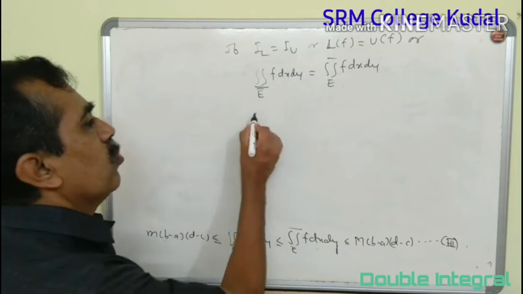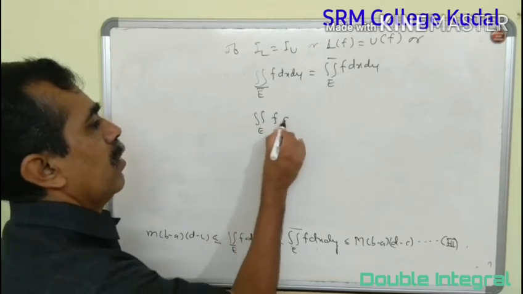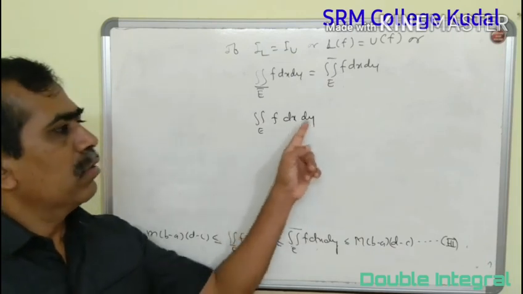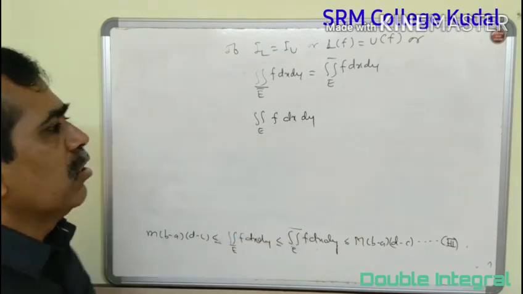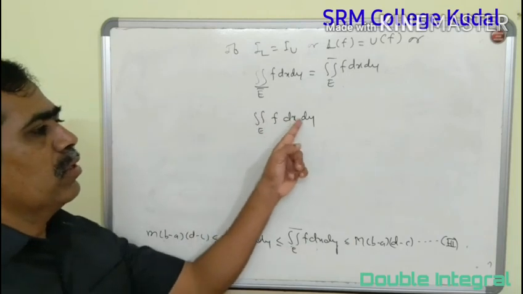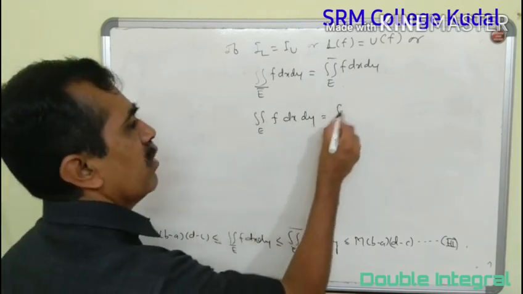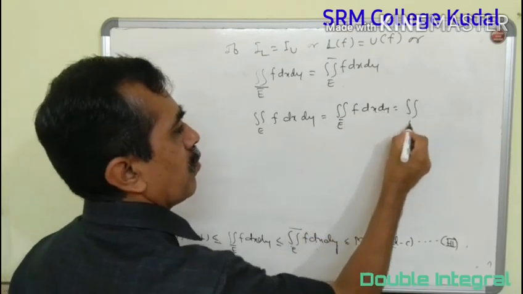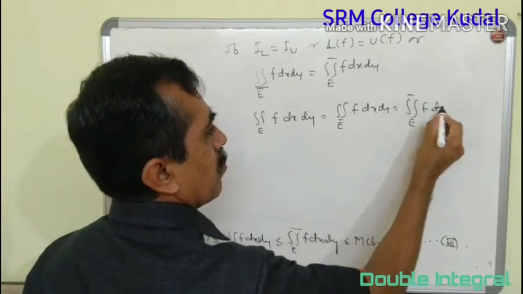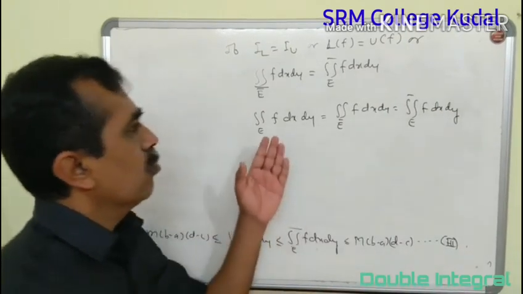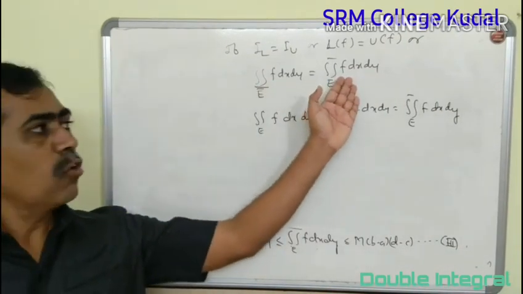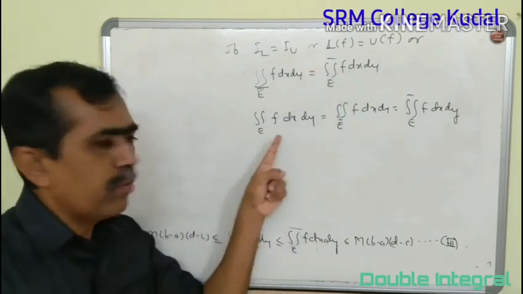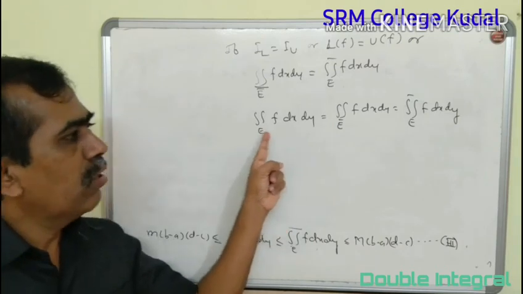And it is denoted by this notation, double integral of f over E with respect to x and with respect to y. So that is the double integral of f over E with respect to x and y. So if the lower integral is equal to the upper integral, the common value is called the Riemann double integral and is denoted by this notation. So this is how we write it.